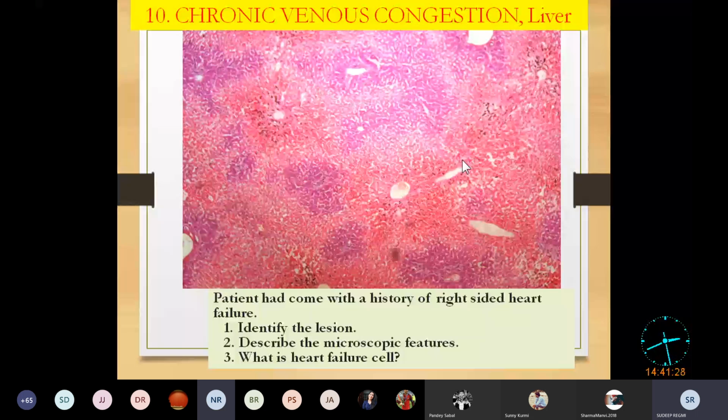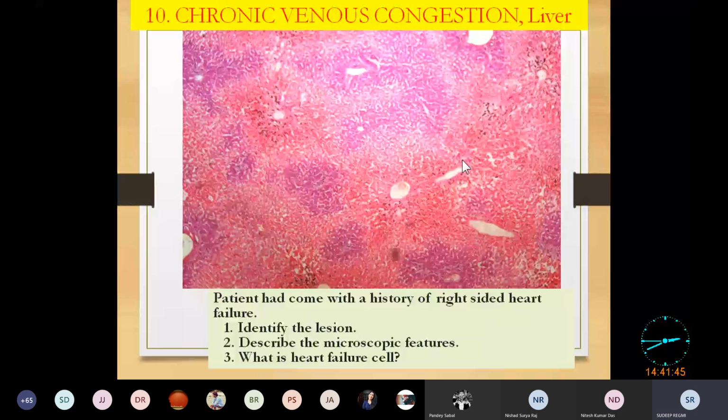So you would see red pulp, white pulp. Dilated sinusoids. Okay, dilated sinusoids. Then there is a peculiar body which we see in spleen CVC. Gamna-Gandy bodies. Okay, Gamna-Gandy bodies.